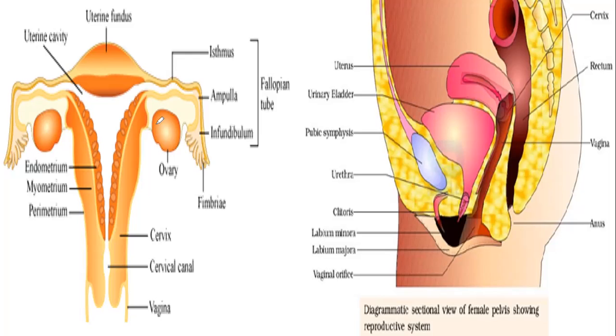The ovaries are located one on each side of the lower abdomen.